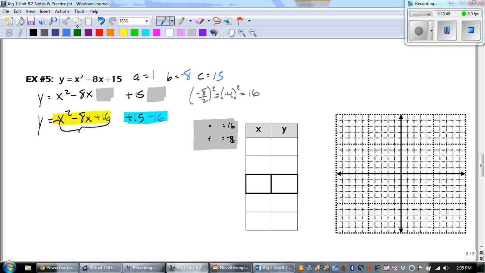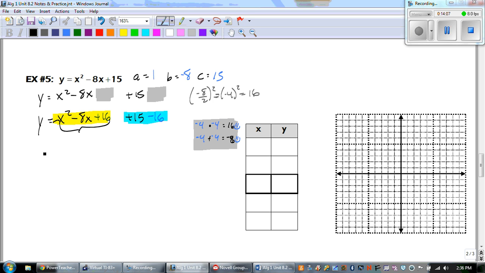Wonder if anyone caught the hint there. Yeah, it's going to be 4 and 4. But it's not going to be +4 because at the bottom it's going to be -4. Okay? Remember, it has to work in both situations.